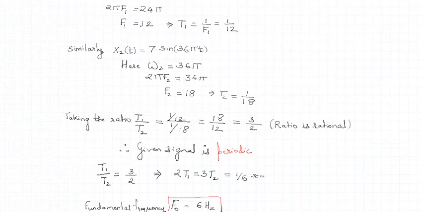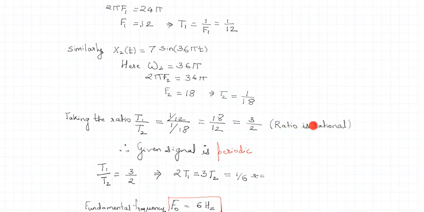Look at the ratio this time. The ratio T1 by T2 is a ratio of integer values. Both 3 and 2 are integer values. So T1 by T2 is expressed as a ratio of P by Q, where P and Q both are integers.